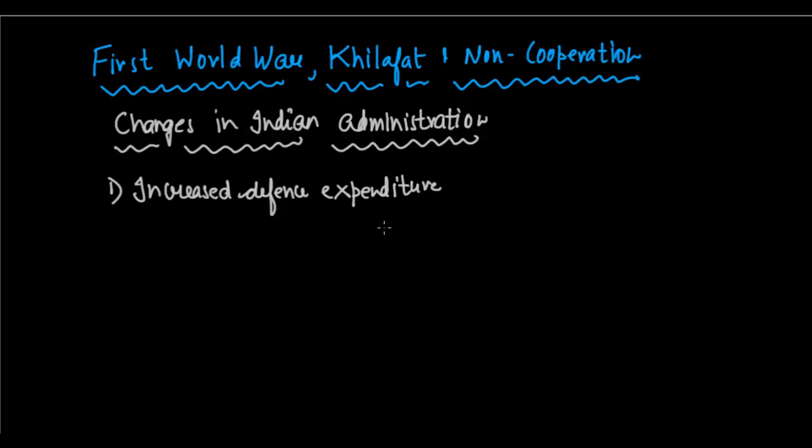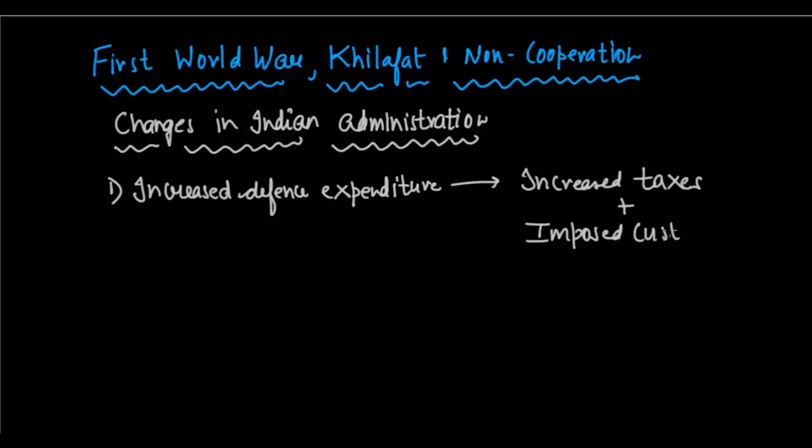Now, how did this have an effect on India? Well, to meet this defense expenditure, the British government had to increase taxes, plus it imposed custom duties.